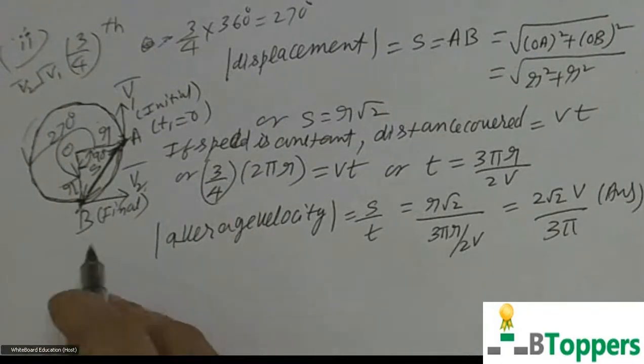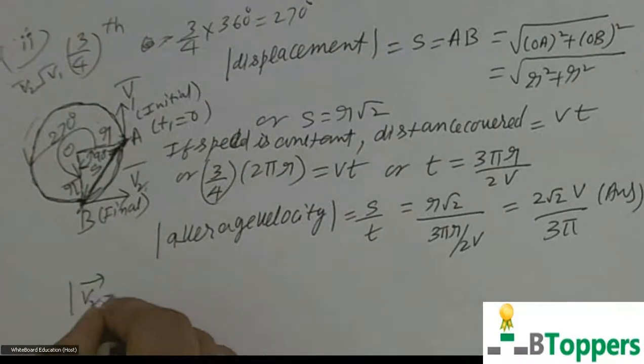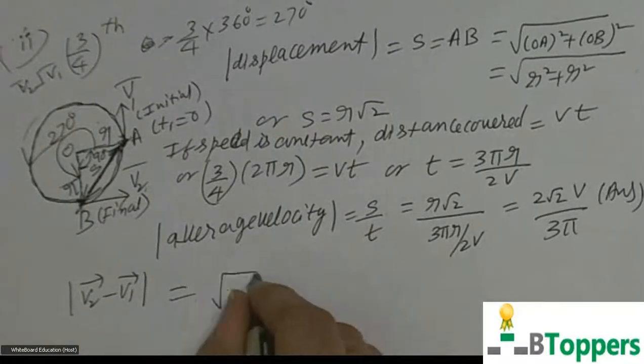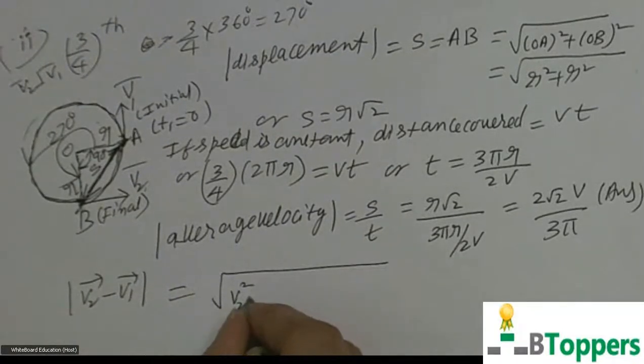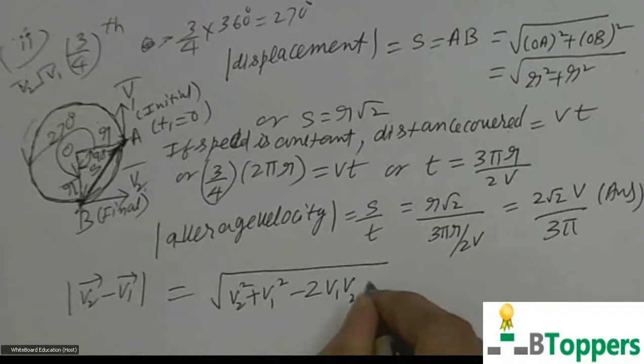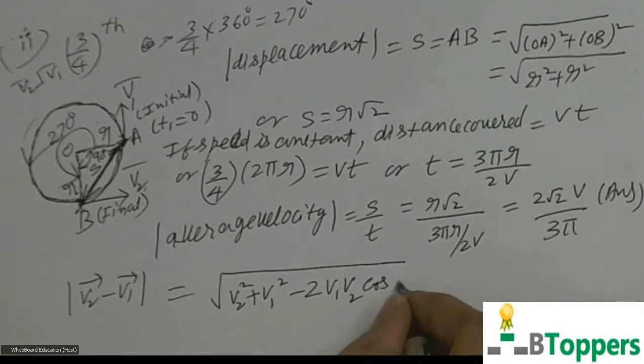So using the formula for the magnitude of the vector difference of two vectors, mod of a bar minus b bar equals root of a square plus b square minus 2ab cos theta, mod of v2 bar minus v1 bar you can write as root of v2 square plus v1 square minus 2 v1 v2 cos of the angle between v1 bar and v2 bar. That is 90 degrees.